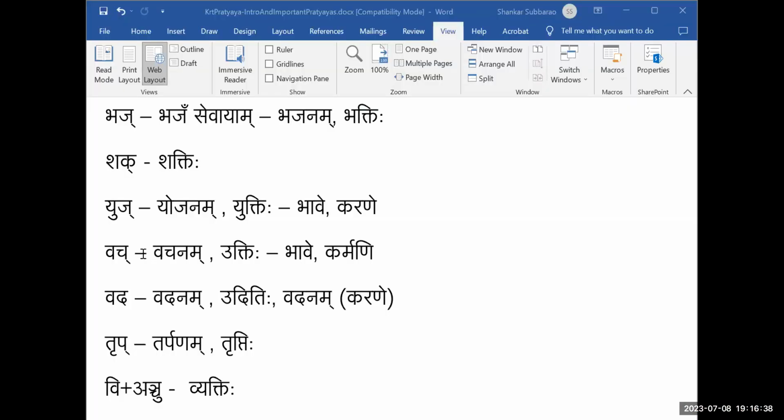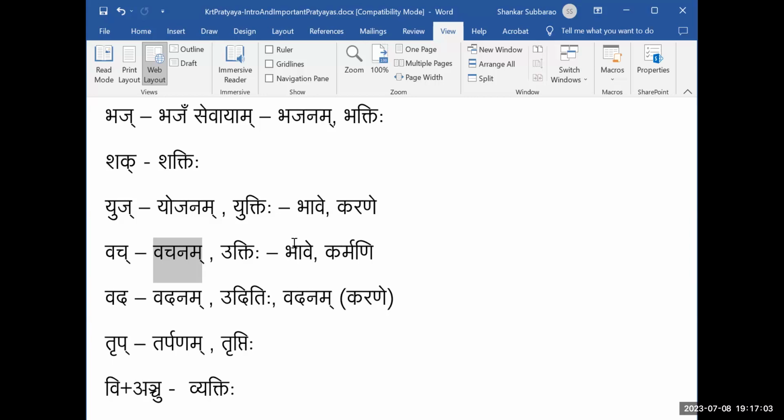Vach dhatu. Vachanam, speaking. Vacha vaktayam. Vyaktayam vachi. Vyaktayam means human speech is said to be vyaktayam vachi. Kuj is avyaktayam vachi. A bird's calling is not clear words, but there is a calling. That is called avyaktayam vachi.